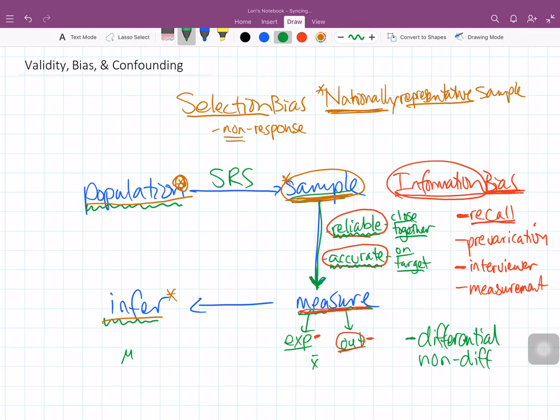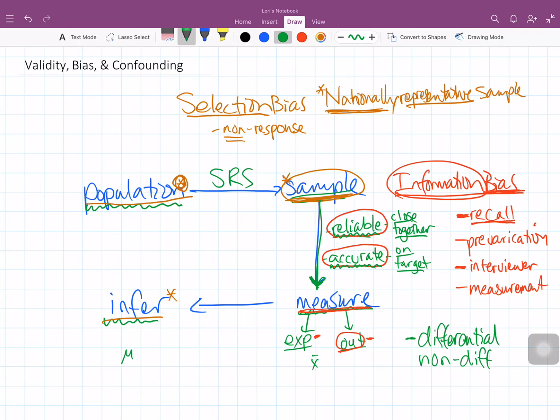And if we have differential bias, then that can really affect whatever measure we're using for our study. It can decrease the effect that we see, like a relative risk or an odds ratio. It can increase the effect that we see. It can even reverse the effect so that maybe it was a positive effect and it reverses it to negative.